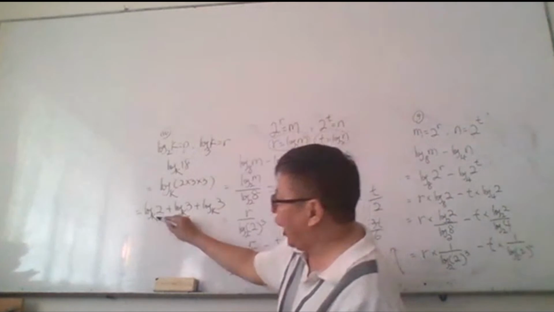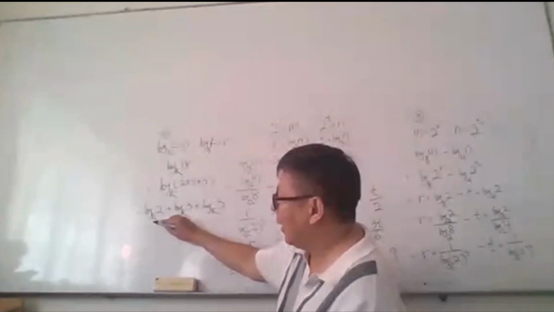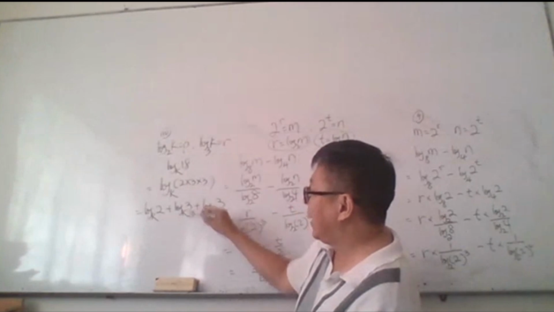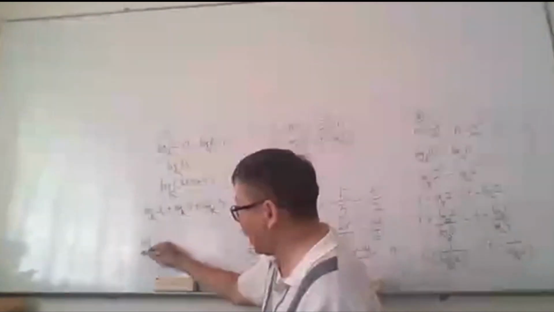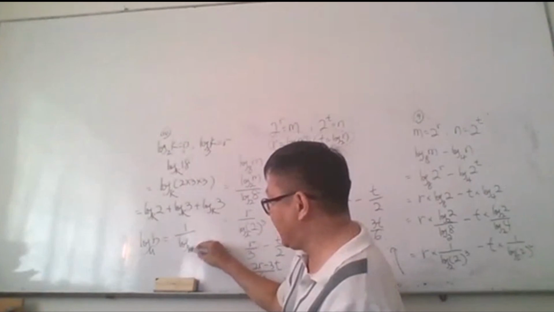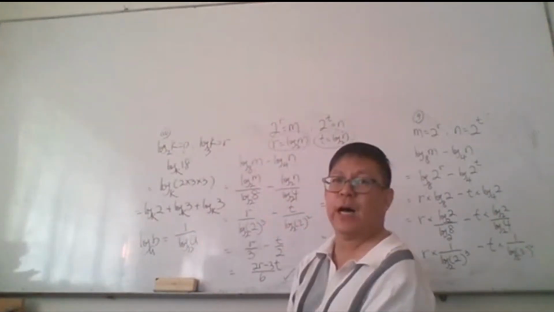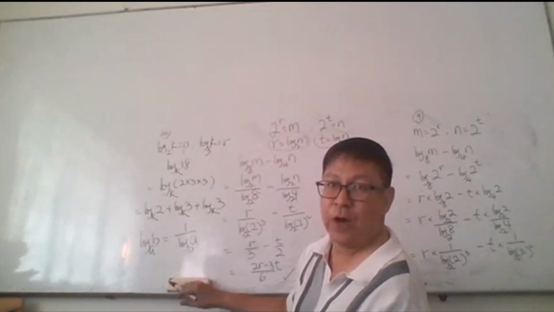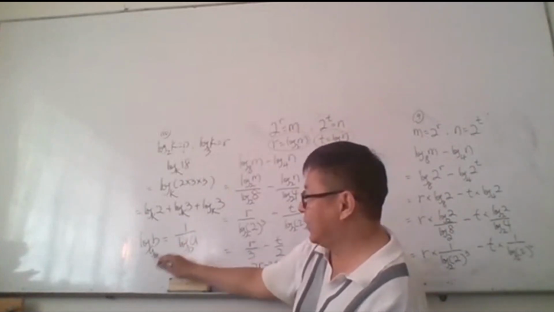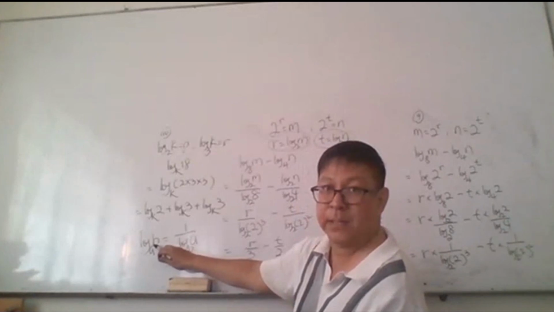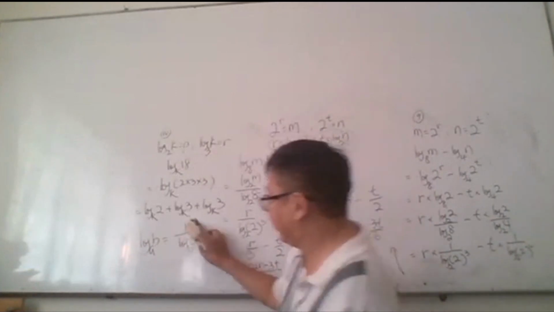Now I can change k and 2, and I can change k and 3. How to change? Log a b equals 1 over log b a. There's a formula under change of base of logarithm, so we can interchange the base and the number using 1 over.